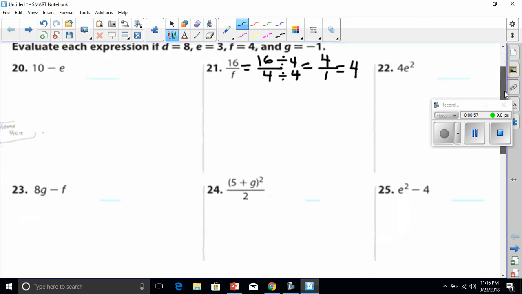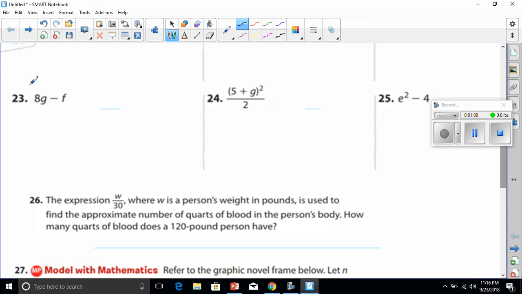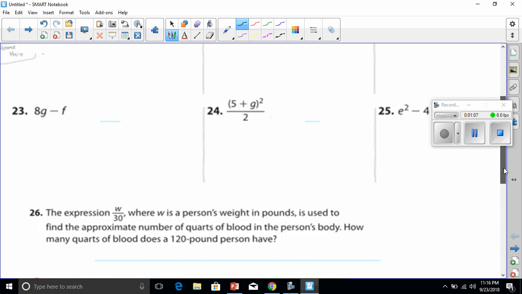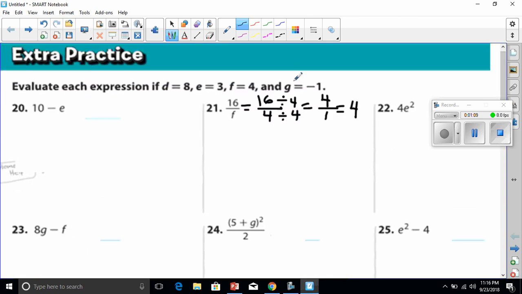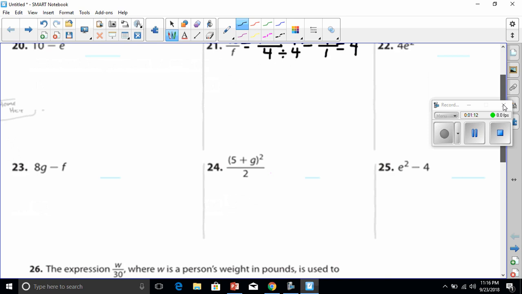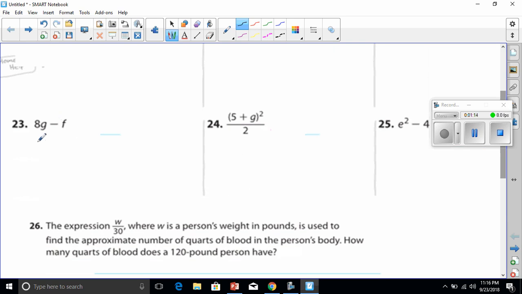All right, let's try number 23. It says 8g minus f. Well, we need to know what g and f are. G is -1 and f is 4. So we have 8 times -1 minus 4. Well, 8 times -1 is -8.